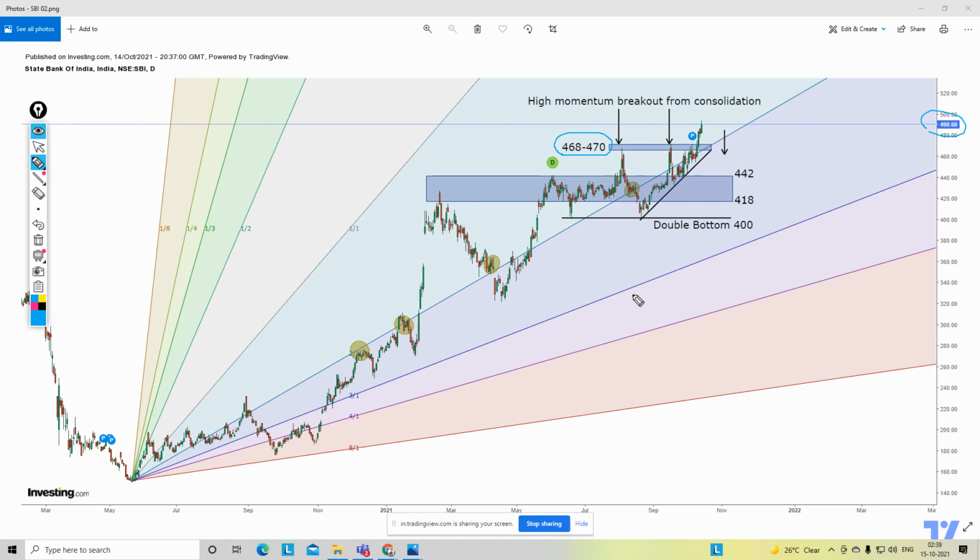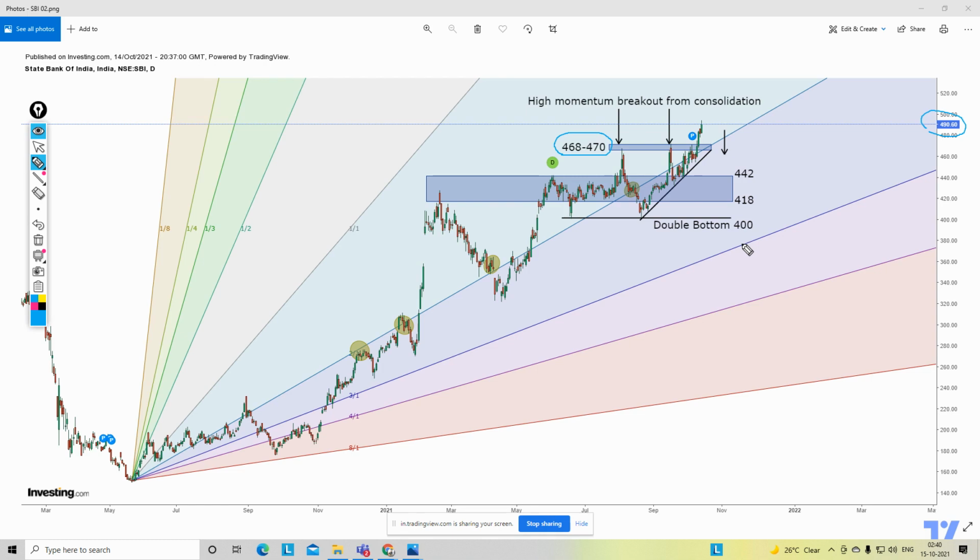So if there is a small relaxation in Bank Nifty or small sideways correction in Bank Nifty, the first and foremost support is 468 to 470. What we have to observe? We have to observe whether SBI is closing below 468 to 470 on a daily or a weekly basis.